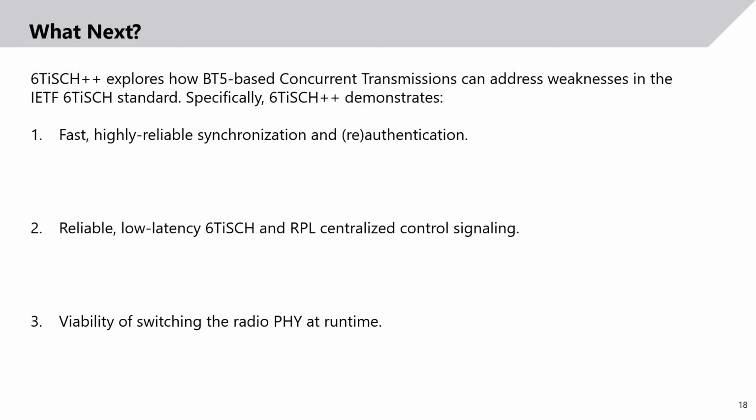So what next? Well, this paper has explored how to use Bluetooth 5-based concurrent transmissions, of which there's been significant interest over the past couple of years, particularly from this conference, to address weaknesses within the 6TiSCH standard. And specifically, we're leveraging the power of the single-radio multi-protocol low-power wireless chipsets in order to provide fast and highly reliable synchronization mechanisms for the 6TiSCH network.